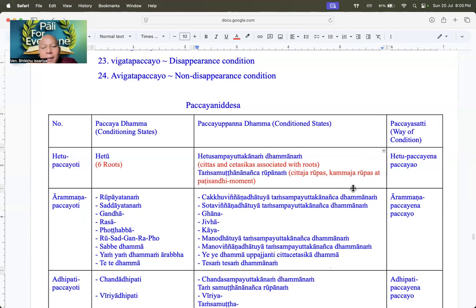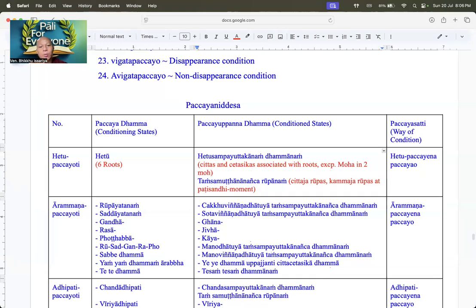But the other Jetasikas in that mind can be associated with the moha. So that is, they are associated with the root. But moha itself, even though it is a root itself, has no other root to be associated. That is why that moha cannot be included here. So here, except moha in the two moha mula Jetas.